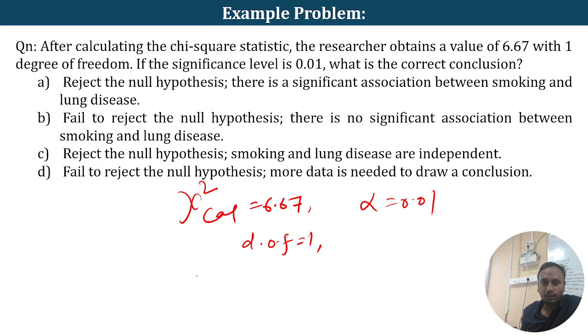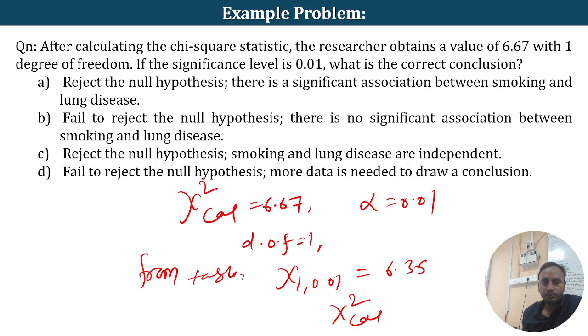Now we go to the table and find 1 and 0.01. The value is 6.63. So chi-square calculated is greater than chi-square tabulated, so we have to reject the null hypothesis. There is a significant association between smoking and lung disease.